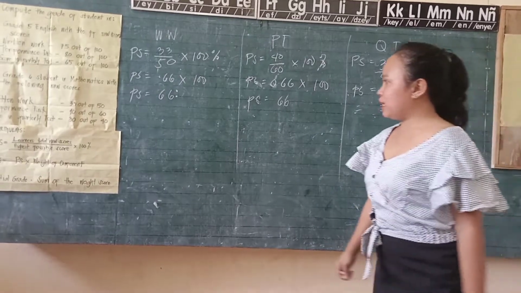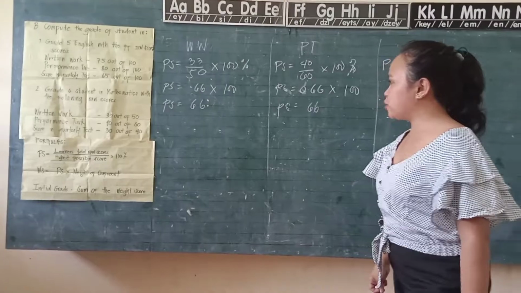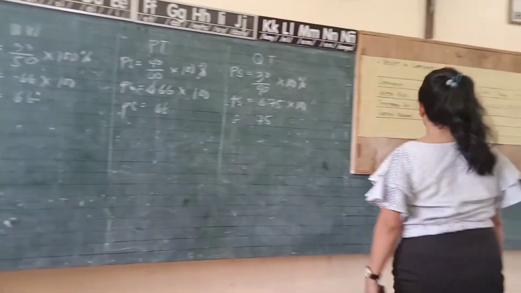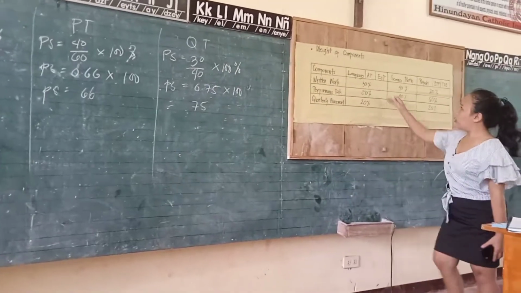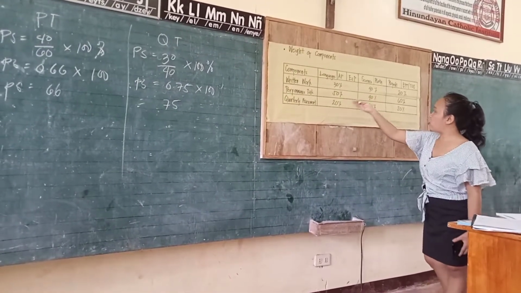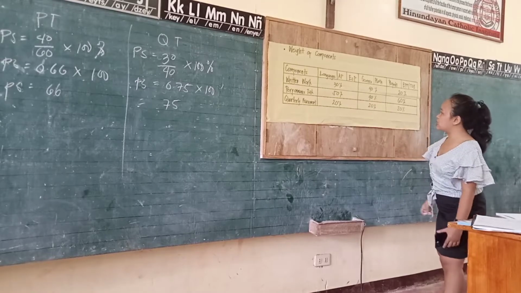So let's proceed in solving for the weighted score. Since it is mathematics, we are going to use these weighted components: 40% for the written work, 40% for performance tasks, and 20% for the quarterly assessment.